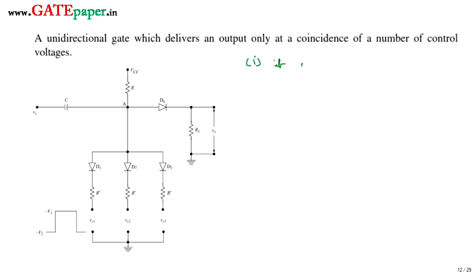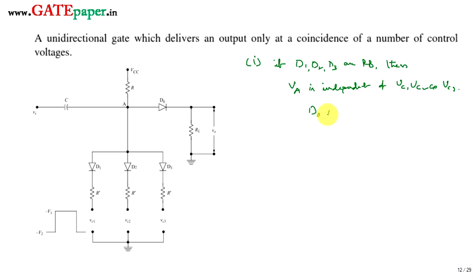If D1, D2 and D3 are reverse biased, then the voltage at point A is independent of control voltages Vc1, Vc2 and Vc3. So then we can say directly that plus Vcc is sufficient to make the diode D0 forward biased.